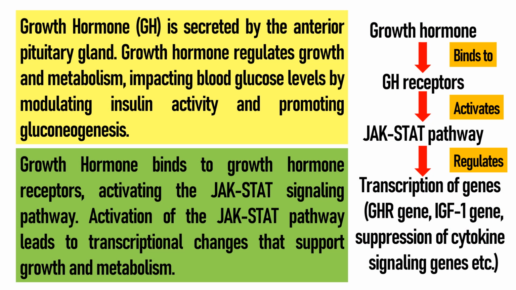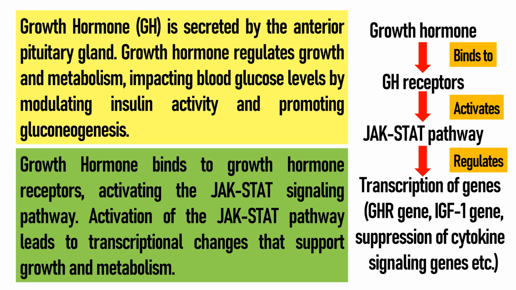Growth hormone is secreted by the anterior pituitary gland. Growth hormone regulates growth and metabolism, impacting blood glucose levels by modulating insulin activity and promoting gluconeogenesis. Growth hormone binds to growth hormone receptors, activating the JAK-STAT signaling pathway. Activation of the JAK-STAT pathway leads to transcriptional changes that support growth and metabolism.